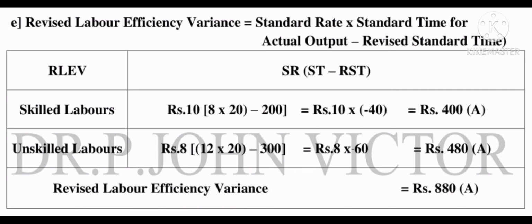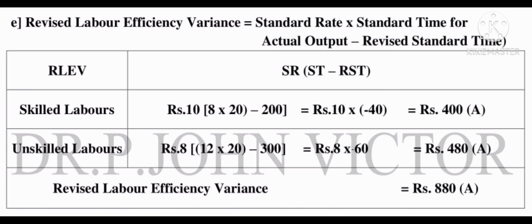Standard rate we already know from the problem. For standard time for actual output, no separate value is given, so let's take the standard time value. And revised standard time we already calculated in the previous formula, so we need not calculate again. We can take it as it is.